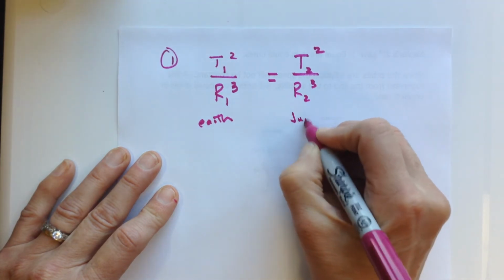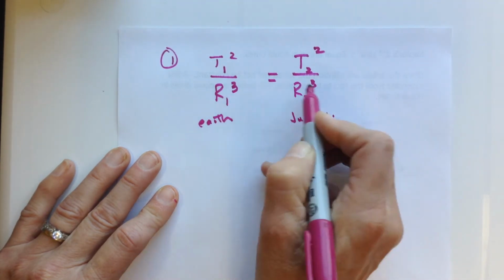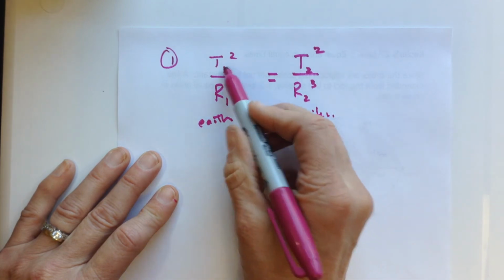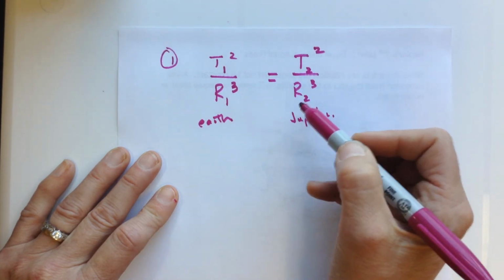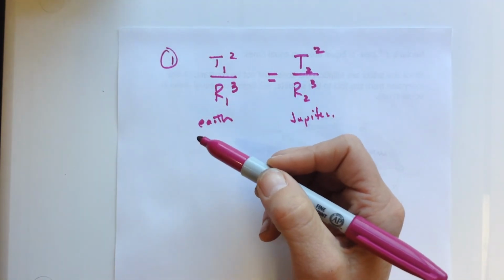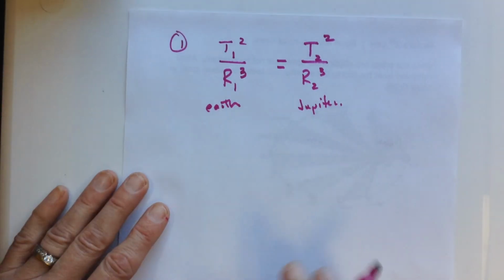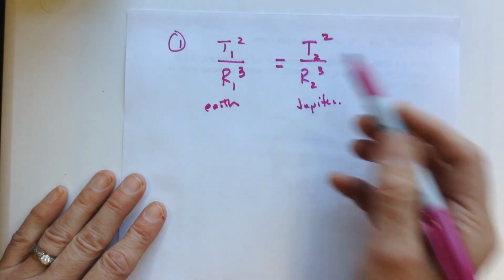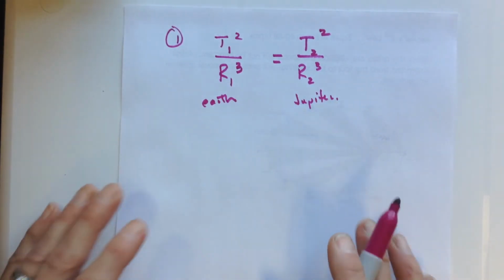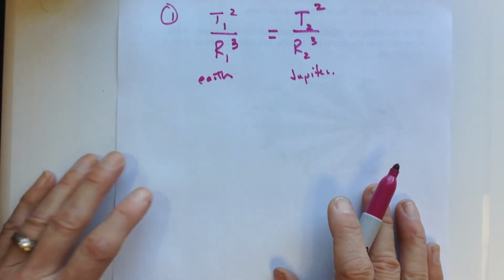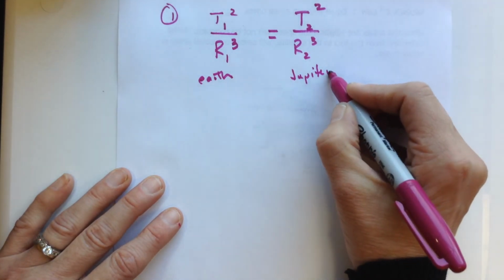So let's say this would be Jupiter, but it really could be anything. Those two things will be equal to each other. So if I know three of them, I can get the fourth one, and I don't have to go through this big, hairy derivation in order to get there. If I just remember that ratio, Kepler's third law, I can get to it really quickly. That's the big idea and why it's important to know. Always helpful for multiple choice.